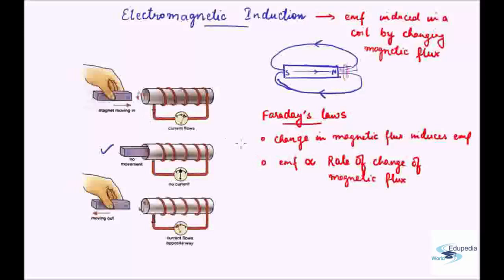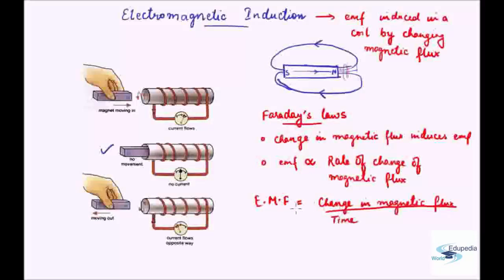Okay, now what is the magnitude of the induced electromagnetic force? So the electromotive force. The magnitude of the electromotive force is defined as the net change in magnetic flux upon the time for that change.